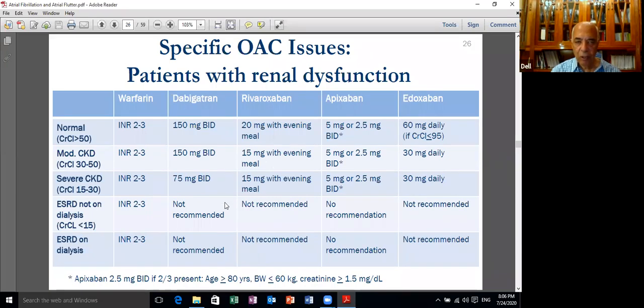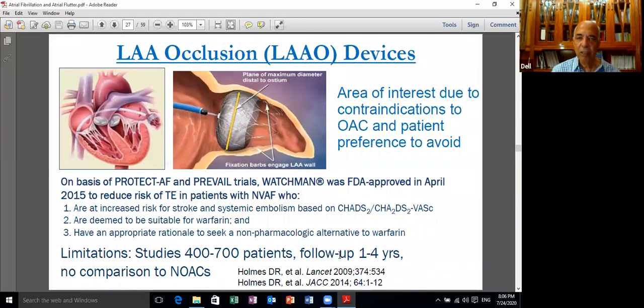Most of them should not be recommended when you come below 15 creatinine clearance or estimated glomerular filtration rate, with the exception of apixaban. Obviously, this slide is outdated, and the new recommendation is that you can use Eliquis or apixaban down to a very low glomerular filtration rate, and even in patients on dialysis. So it became the second anticoagulant, in addition to warfarin, for use in these terminal conditions.